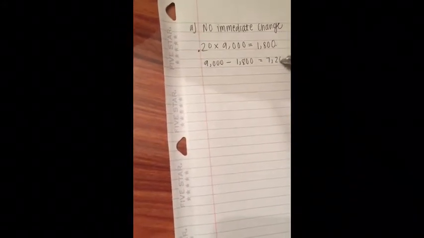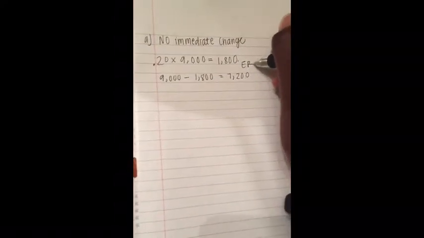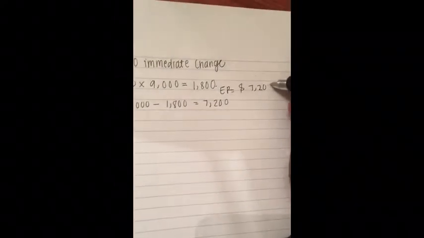After that, you're going to take the total that you get here, and you're going to subtract it from your DD. So this will be 9,000 minus 1,800, and your total of that will be 7,200. Therefore, your ER is equal to $7,200.